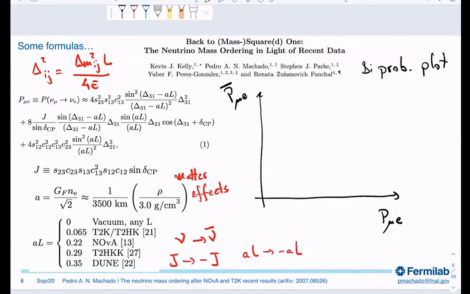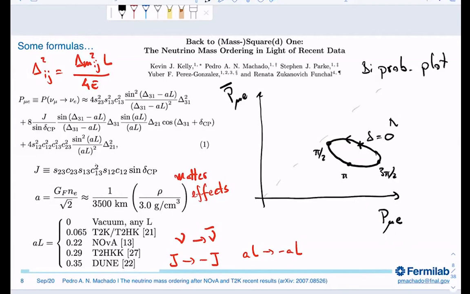Let me draw a line here to help me. So you fix, let's say, all oscillation parameters, and you only let delta vary. When delta CP is equal to 0, you are at a point here where you have some nu_mu to nu_e oscillations and some nu_mu bar to nu_e bar oscillations. As you vary delta, you run through this ellipse, going to pi over 2 here, pi over there, and then 3 pi over 2 here.